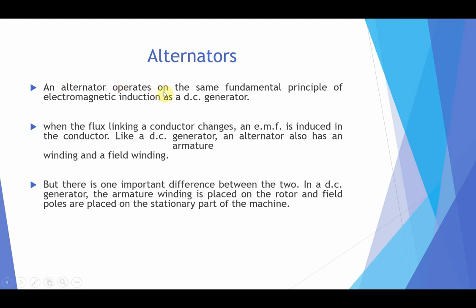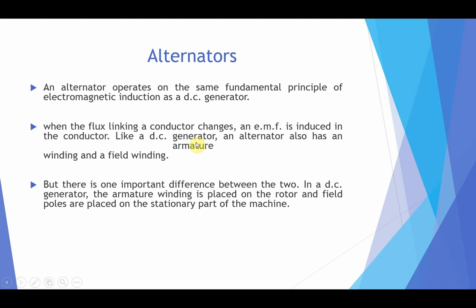An alternator operates on the same fundamental principle of electromagnetic induction as a DC generator. In our previous course, we studied the details of the DC generator. So alternator or AC generator also operates on the same principle of electromagnetic induction. When the flux linking a conductor changes, an EMF is induced in the conductor.